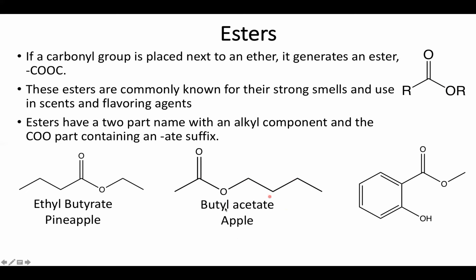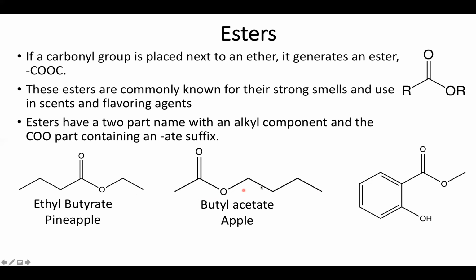So this is apple. And I like emphasizing how important it is that you have the ethyl group and the butyl group on the right end. Because here we have the 2-carbon substituent on this side, and we have pineapple. In this case, the 2-carbon substituent is on the carbonyl side, and we have apple. Quite different effects, even though the chemical structure is only slightly different.